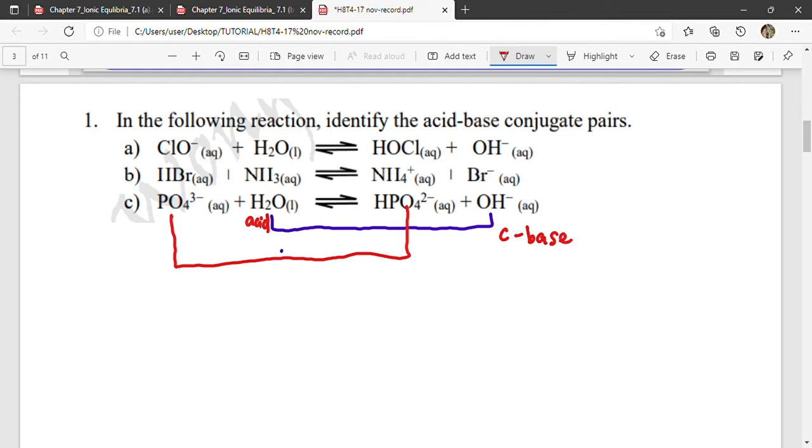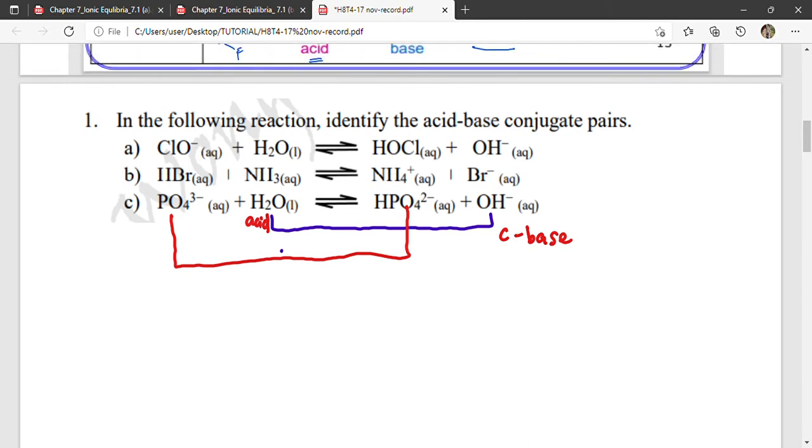Meanwhile, for the reactant, if we have the acid, PO4 3 minus will automatically be the base. This is the base that accepts a proton, and when it accepts a proton, it will become the conjugate acid. So note that base is paired with conjugate acid, and acid is paired with conjugate base. That is how you identify and determine the acid-base conjugate pairs.